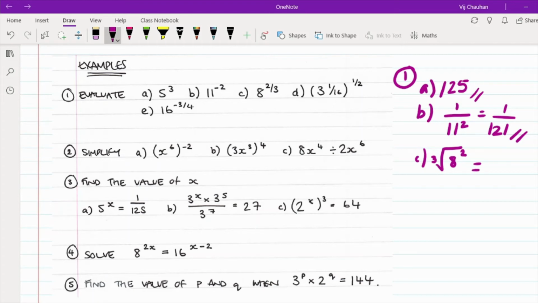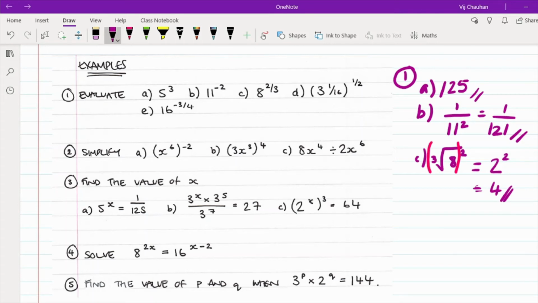So I'll do the cube root of 8 first, which is 2. So I've got 2 squared, which therefore gives me 4 as my final answer.